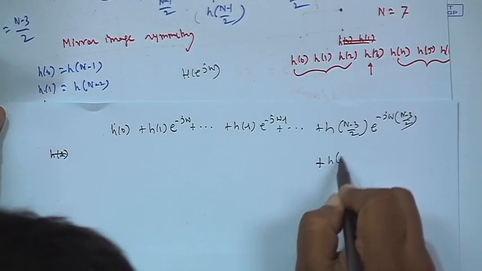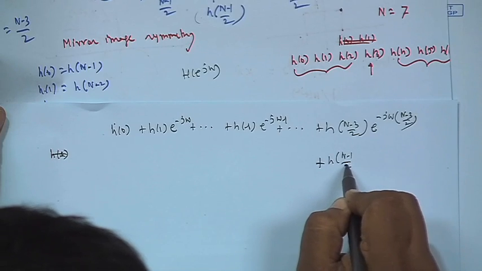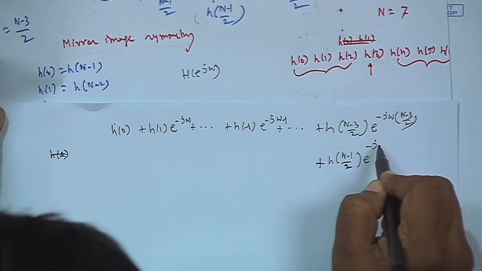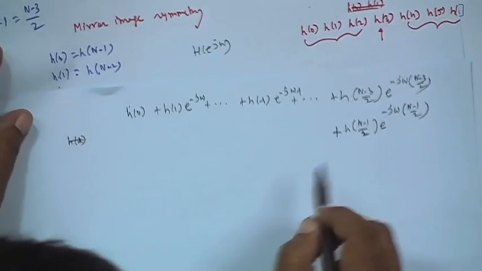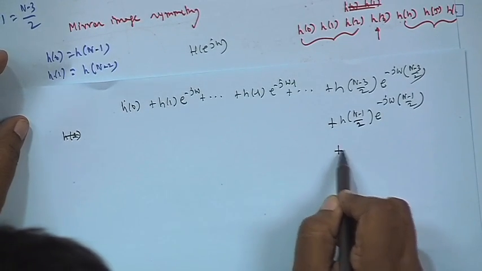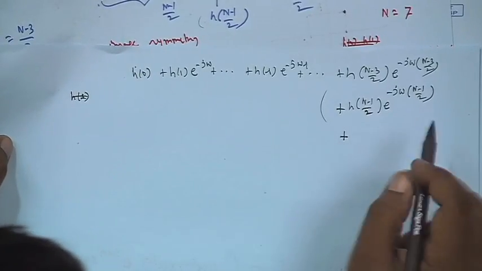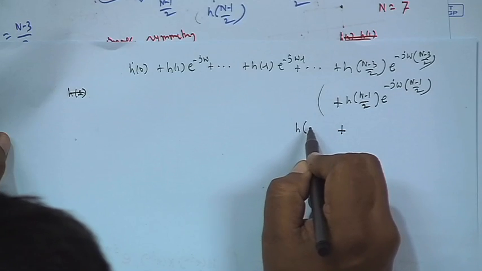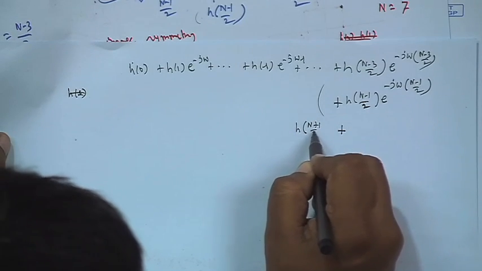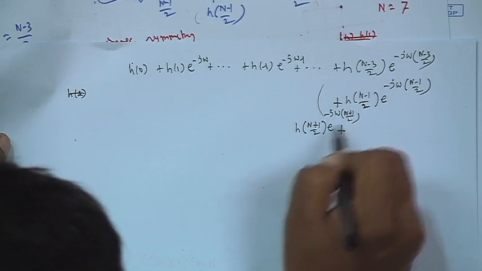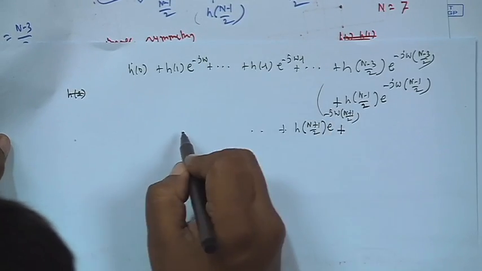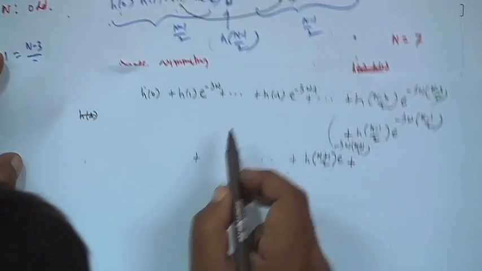Then you have got this middle fellow, and then you have the counterpart of this, which are the same, that is h_{(n+1)/2} e^{-jω...} plus dot dot dot, the counterpart of this, it was h_r, it was h_{n-1-r}.